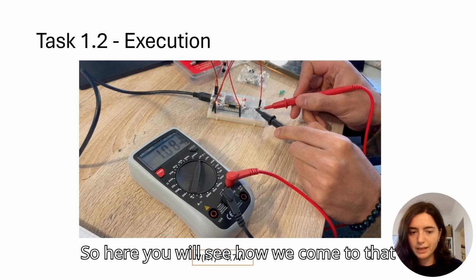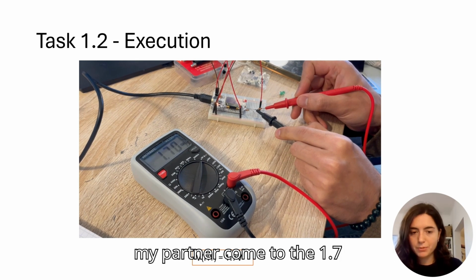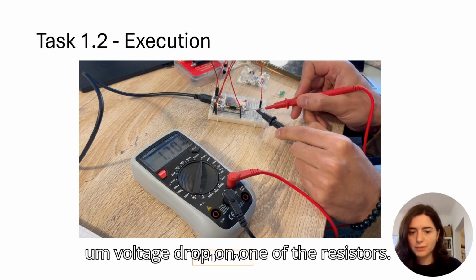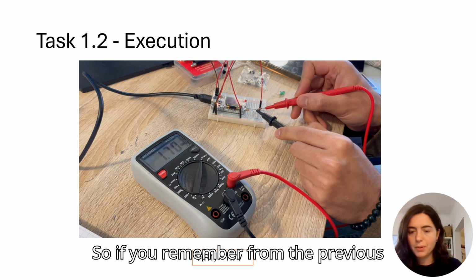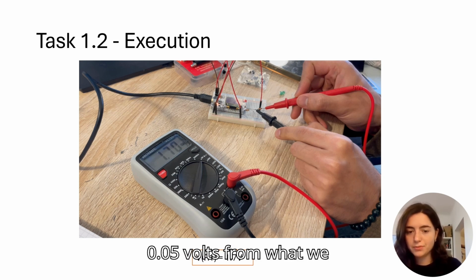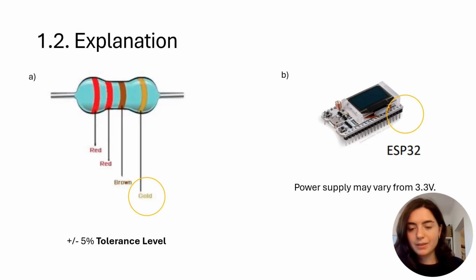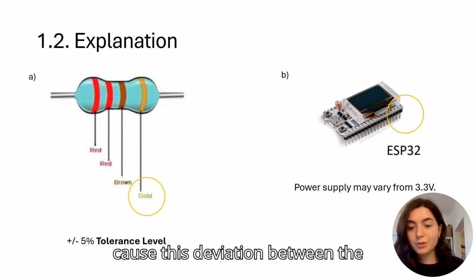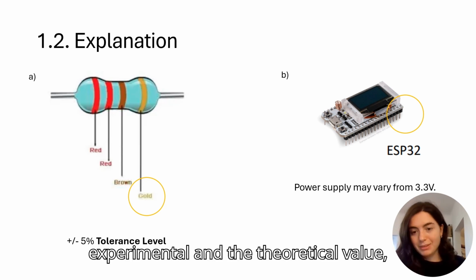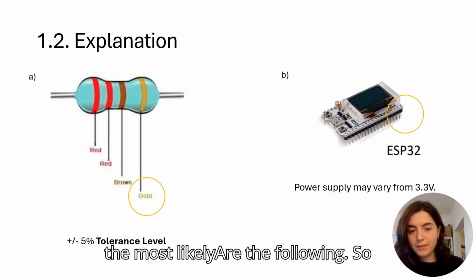Here you will see how we come to that value experimentally. Here you will see my partner come to the 1.7 volt drop on one of the resistors. If you remember from the previous slide, this is a slight increase of 0.05 volts from what we expected. There are multiple reasons that could cause this deviation between the experimental and the theoretical value, but the two that we chose as the most likely are the following.